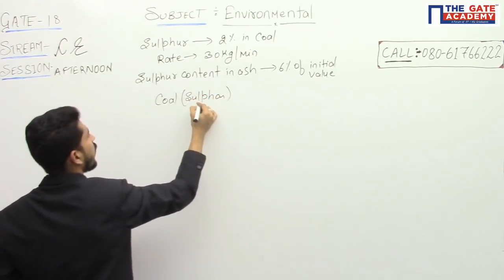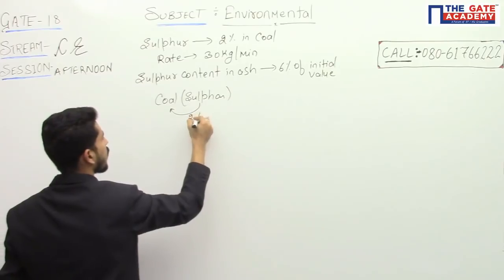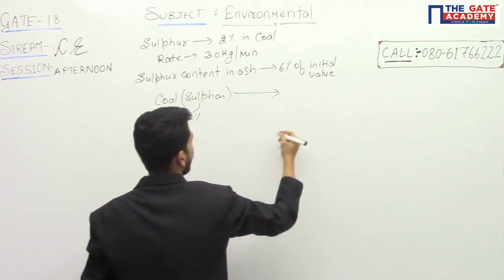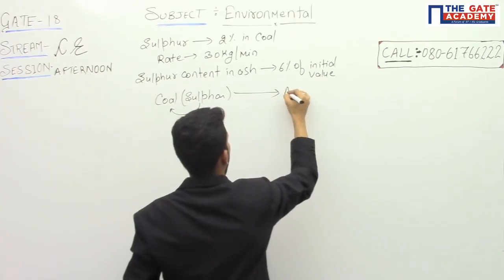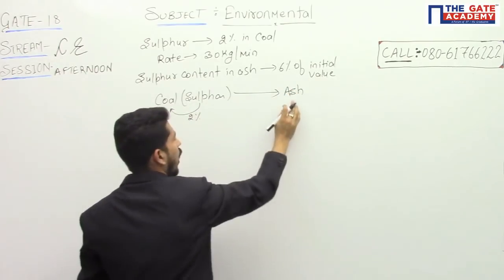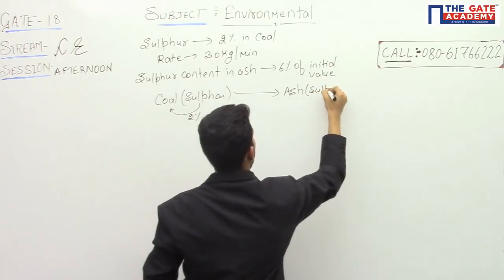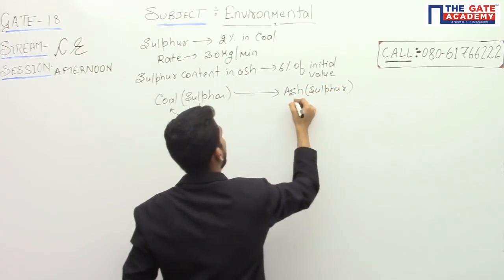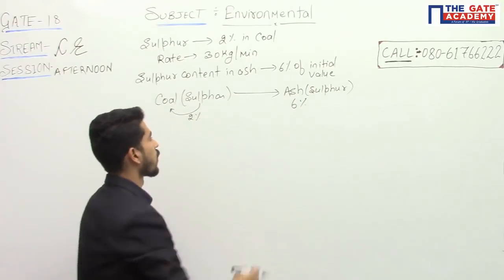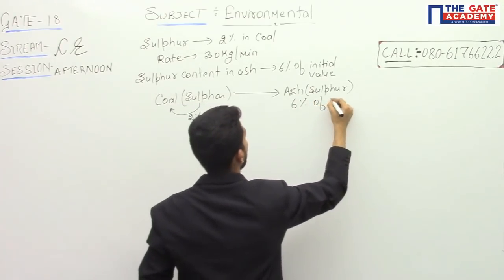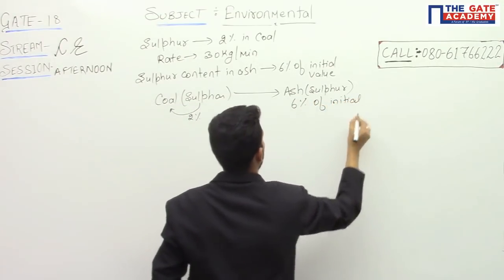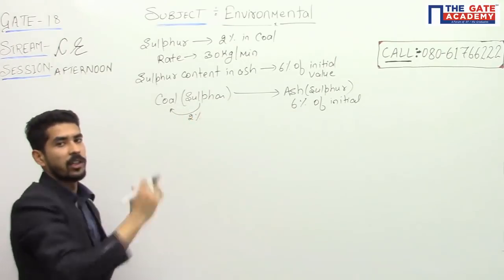This sulfur content inside the coal is 2%. Once it is burned, it produces ash. And in this particular ash, the sulfur content is 6% of initial. That means 6% of this particular value.